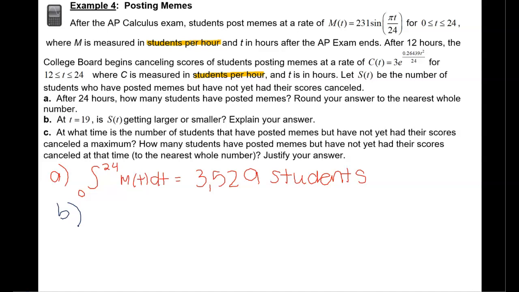So S of t is going to equal the integral of M of t minus C of t. There's where AP is coming to get you. M of t goes from 0 to 19.